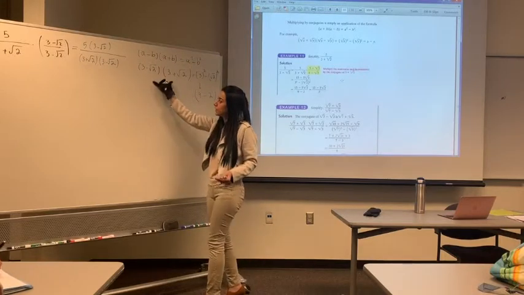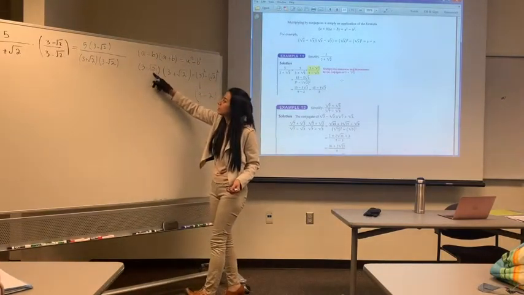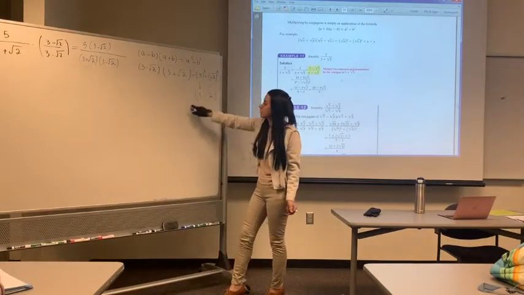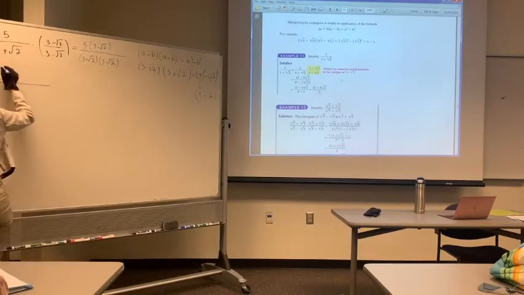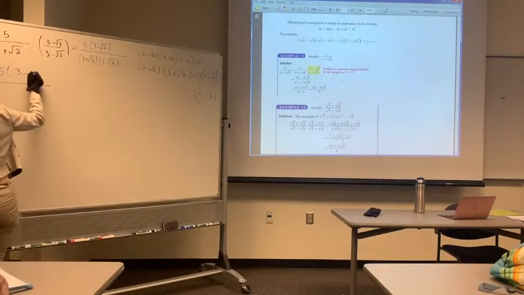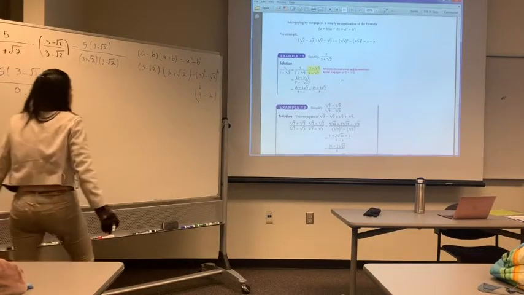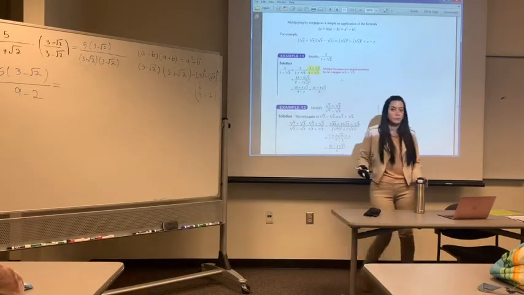So look at this, we already solved this part, right? It will be a squared minus b squared, okay? So we just replace this result in the denominator. So what we will have is 5 multiplied by 3 minus radical 2, divided by 9 minus 2, which is just an integer, 7, right?